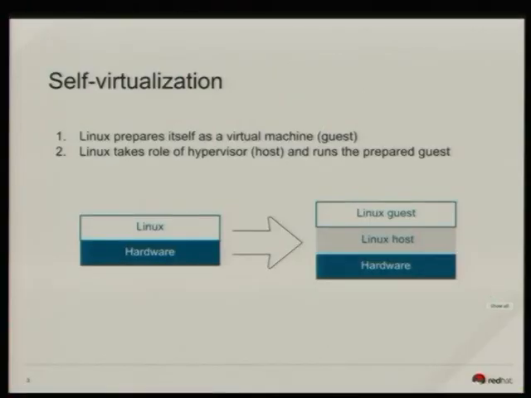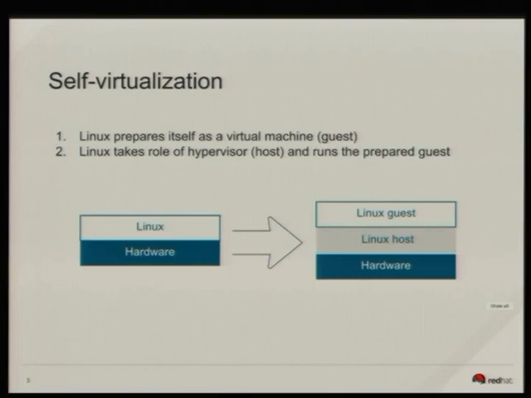So, what is this self-virtualization? The basic idea is that when you normally boot Linux or an operating system, it just has direct access to all the hardware it needs. And then a guest introduces a layer in between that can intercept those accesses to hardware and forbid them or modify them.